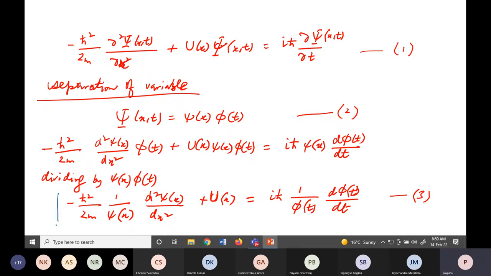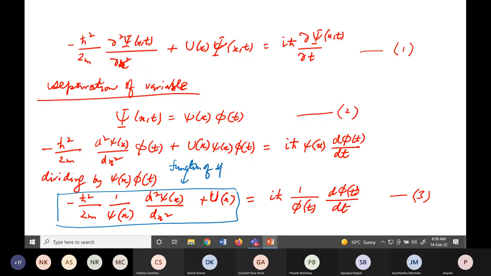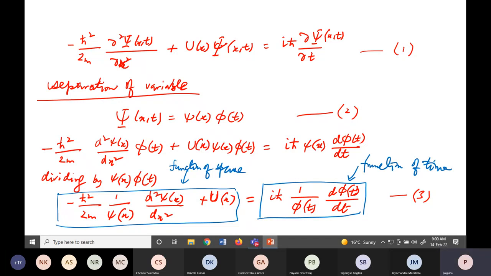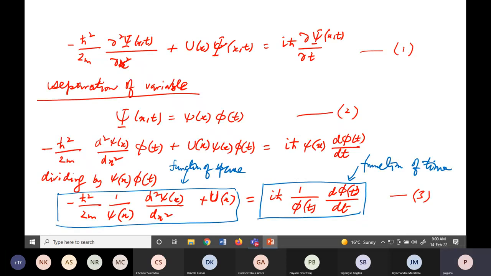Only the space term is there in this part, and only the time term is there in this part. So this is a function of space and this is a function of time.